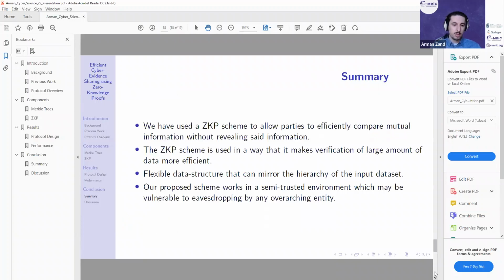Now we'll just do a bit of a summary and discussion. So we've used the zero knowledge proof scheme that allows parties to efficiently compare mutual information without revealing said information. And the zero knowledge proof scheme is used in a way that it makes verification of large amounts of data more efficient.